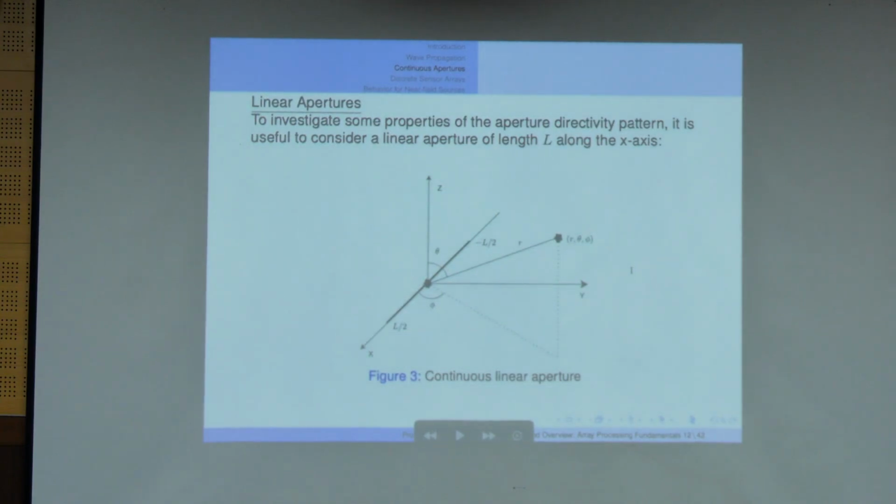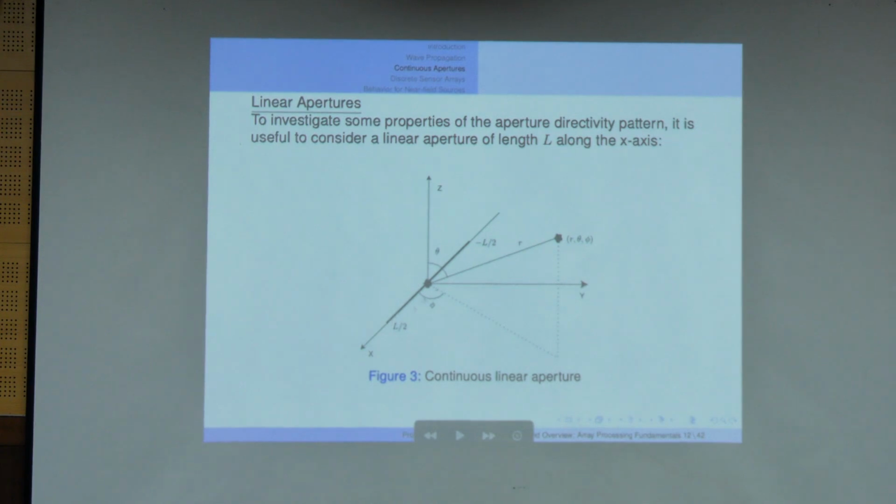Okay? So let's talk about a simple example. A simple example is a linear aperture. A linear aperture is just like this: I take some line.